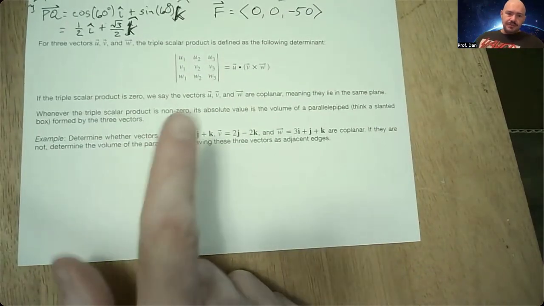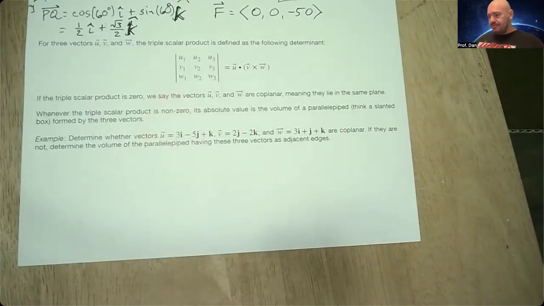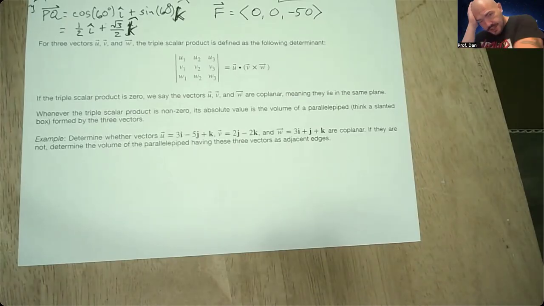Okay, now for this last little bit, we're going to look at something called the triple scalar product. This is going to be particularly helpful to us because it allows us to figure out if three vectors are all in the same plane.